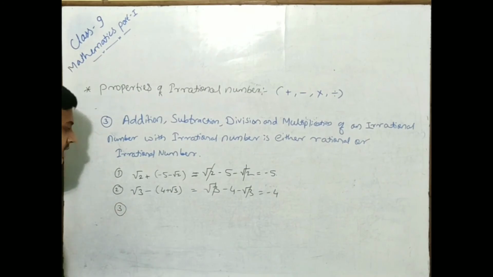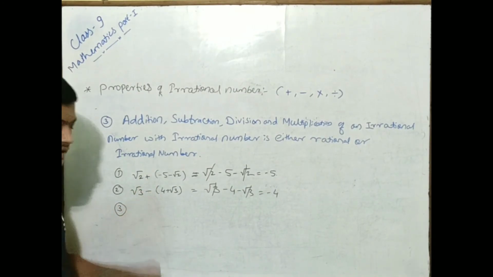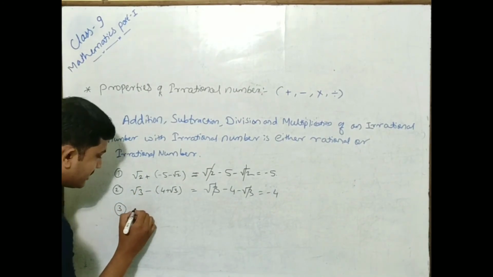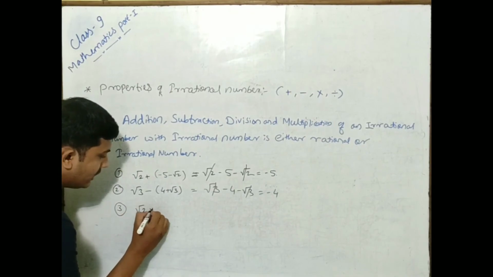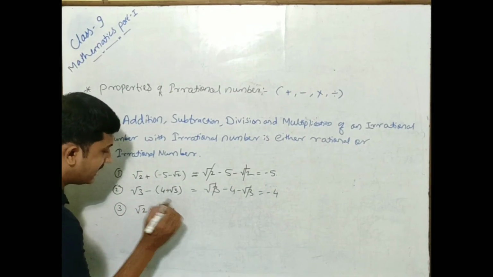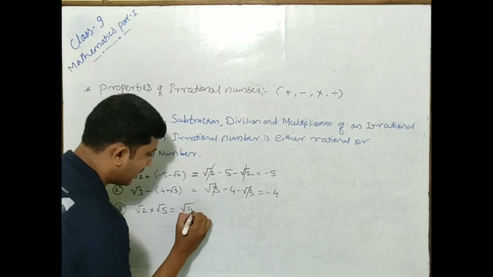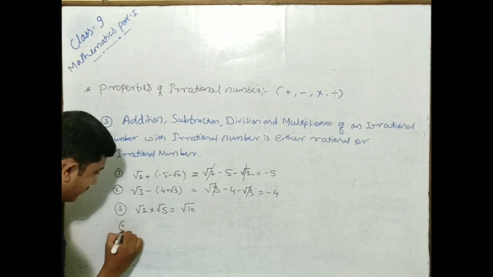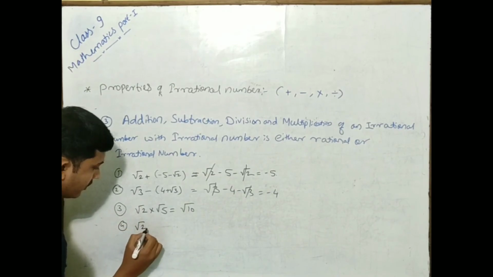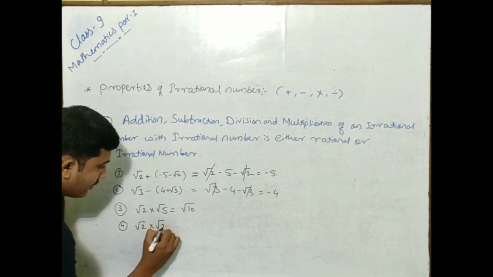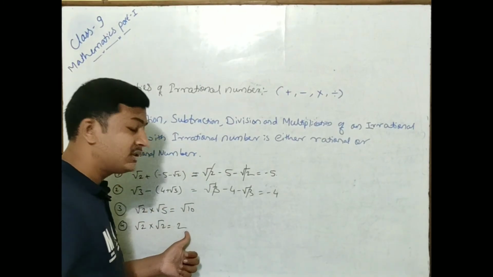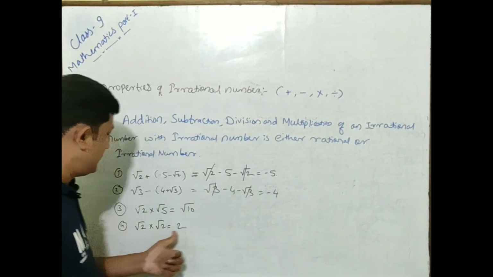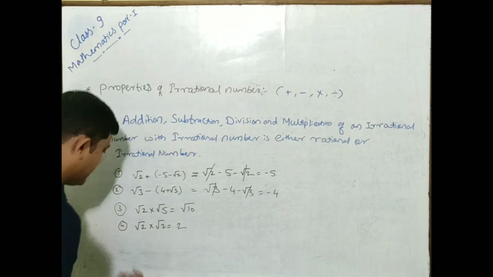Third one, for addition we have done, for subtraction now we will do multiplication. Now root of 2 into root of 5, what do we get here? Root of 10. Here it is an irrational number. Again for the fourth, root of 2 into root of 2, if we do it, we get here 2, that is a rational number.